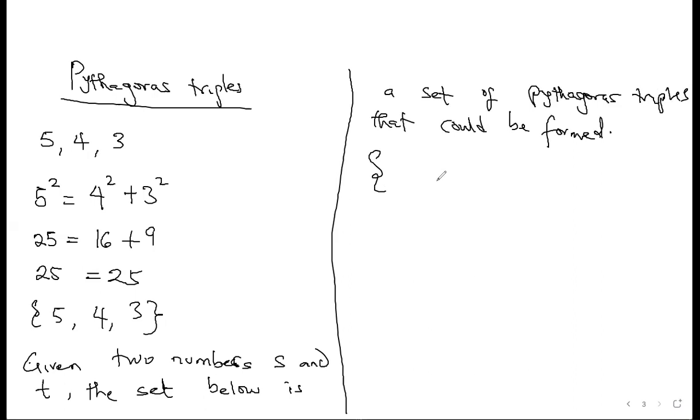So how do I get that? 2st, s squared minus t squared, and s squared plus t squared.